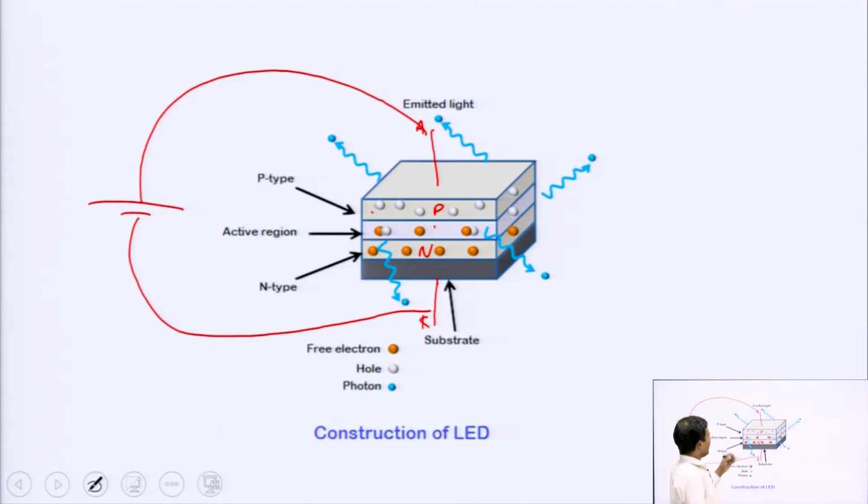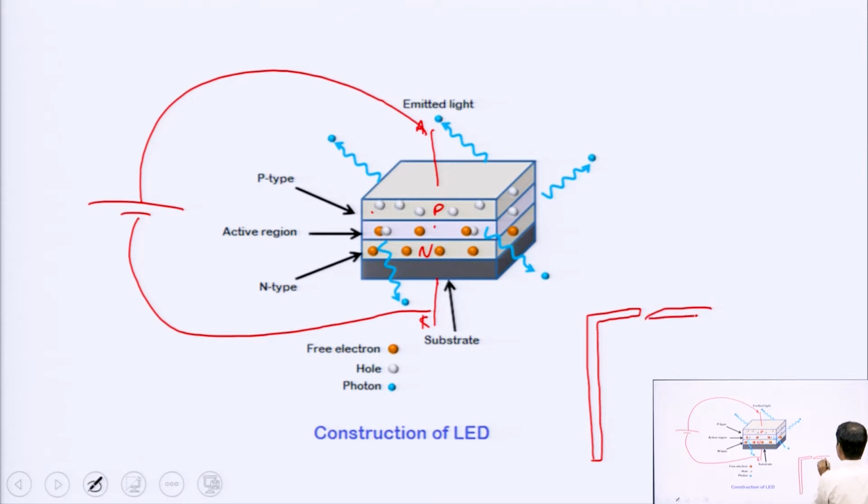Now, how are LEDs available in the market? This is called the dome structure. Suppose this is the cathode and this is the anode; the longer leg is the anode, and this is the layered structure.